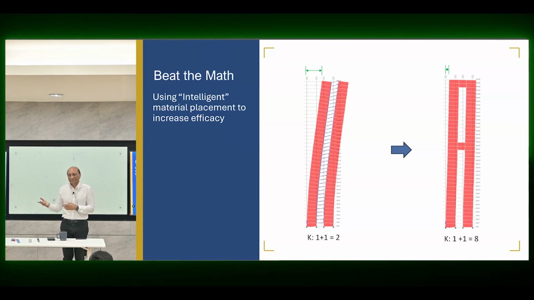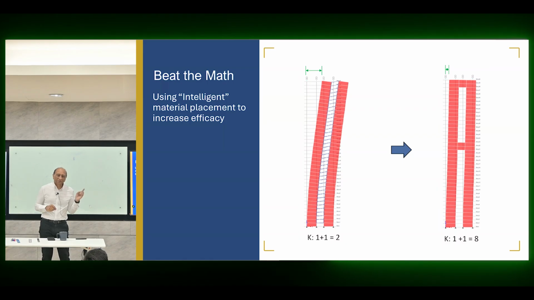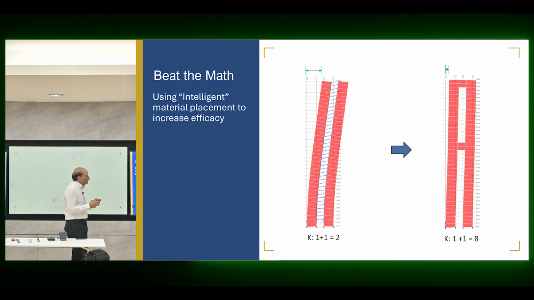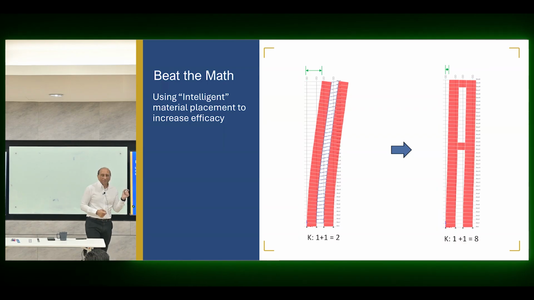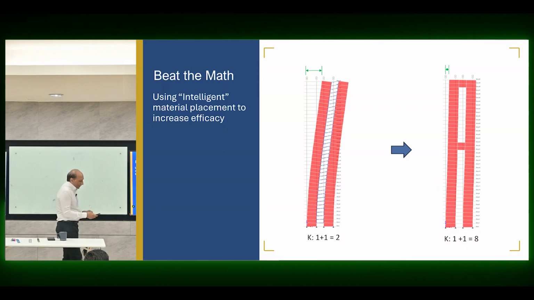We got a lot better results. But here I didn't even do that. I just simply moved the material from inefficient locations to an efficient location in an efficient manner. And we got this huge advantage from that. So this is what we call beat the math, by intelligent material placement, distribution and configuration. Okay, next one.